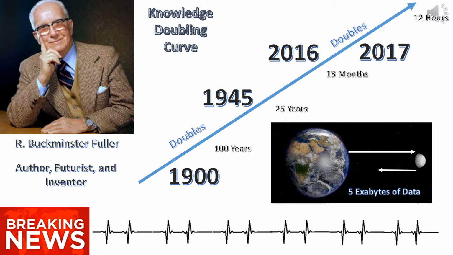The current global research enterprise is causing significant growth in our understanding of the world around us. Buckminster Fuller, who created the knowledge doubling curve, determined that up to the year 1900, human knowledge doubled about every 100 years. By 1945, knowledge was doubling every 25 years.